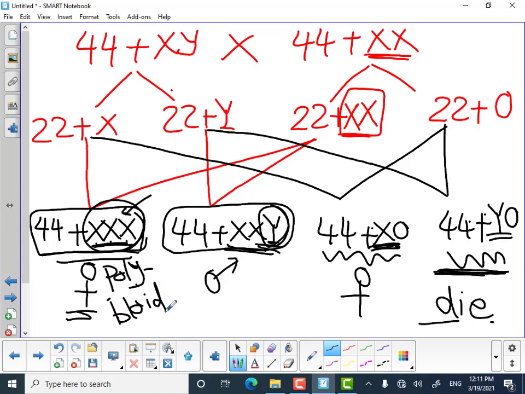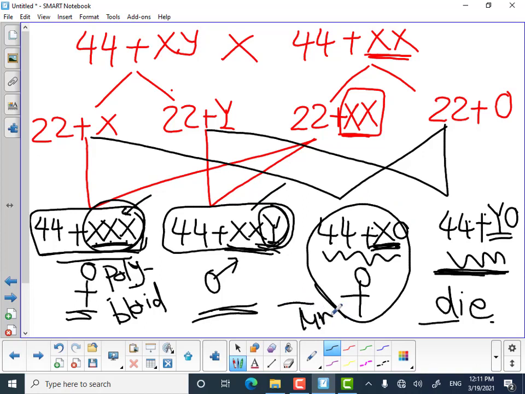In this case, we have XXY. It's Klinefelter syndrome, like we said. It has phenotypic characters, like big breasts. This female is Turner's.